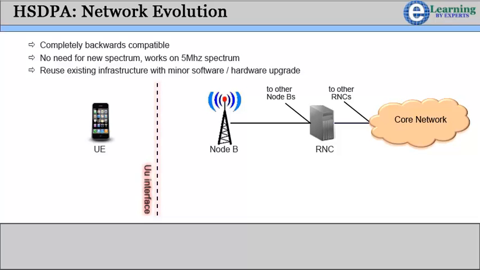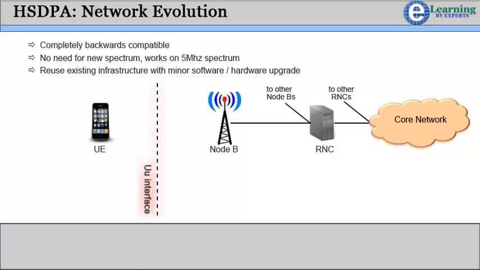HSDPA is based on a new distributed architecture, enabling low delay link adaptation, channel quality feedback, and HARQ processing. This is accomplished by incorporating many of the key scheduling and control processes at the base station, as opposed to the radio network controller, RNC, and thus closer to the air interface.